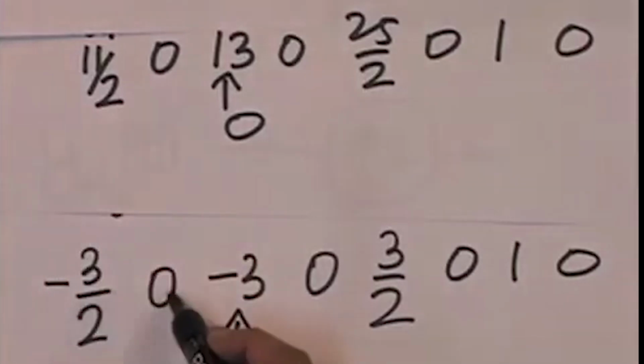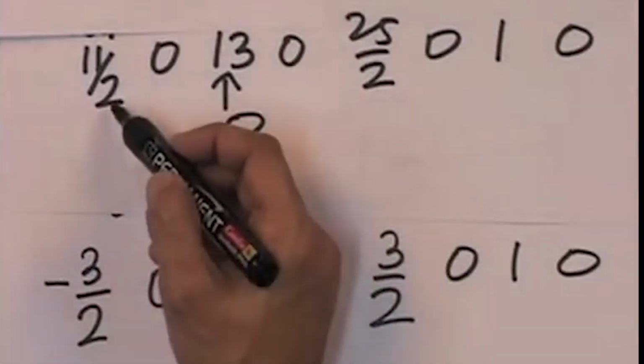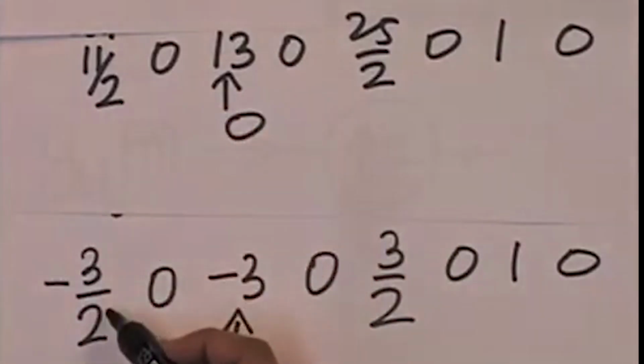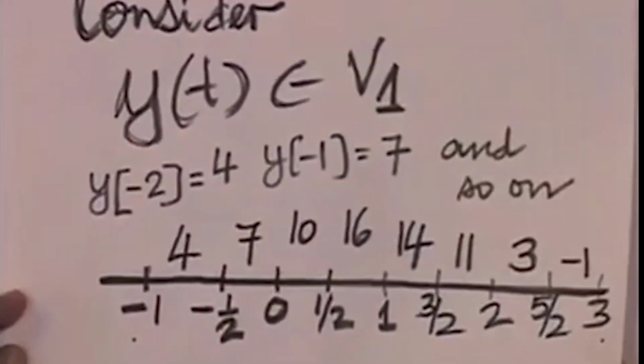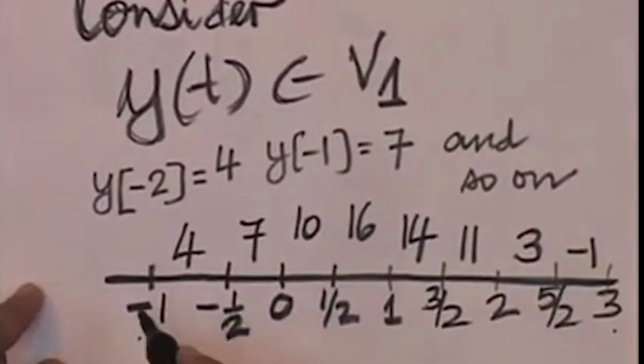So, in these two half intervals, now remember these actually correspond to half intervals here, 11 by 2 minus 3 by 2. In other words, when you add these, that is 8 by 2, would give you the value of y(t) between minus 1 and minus half, 4.